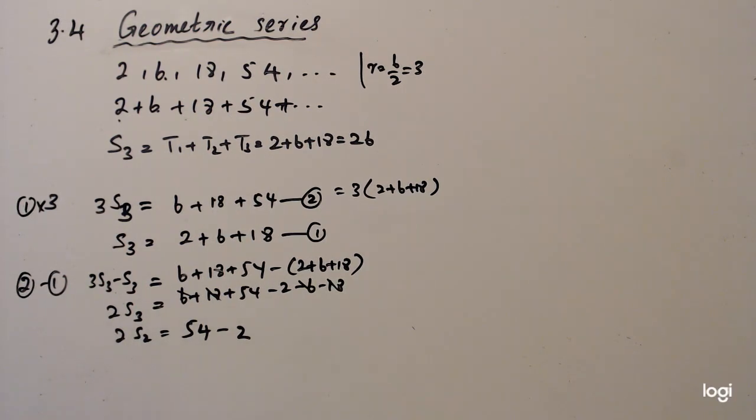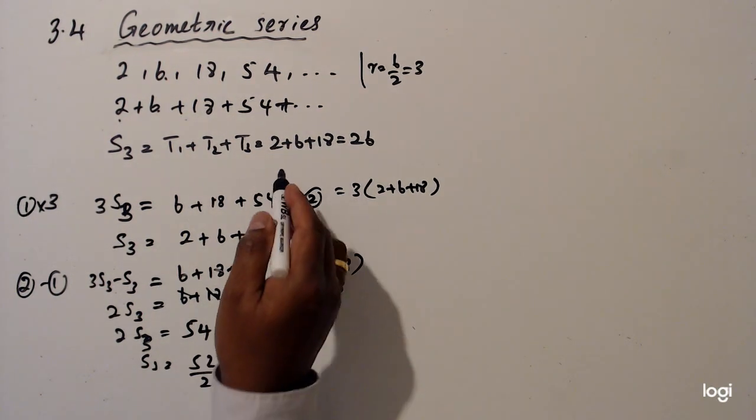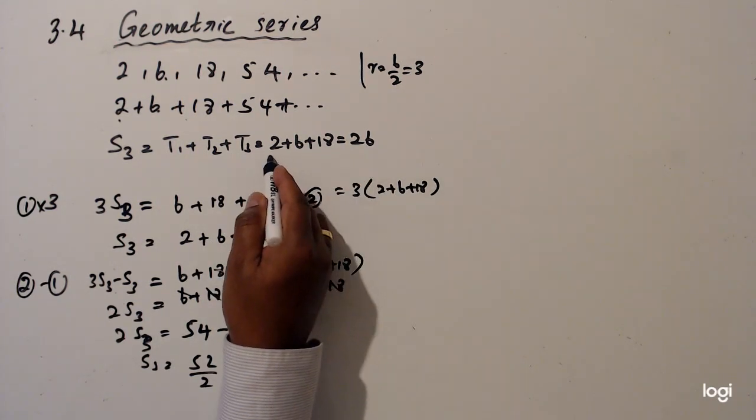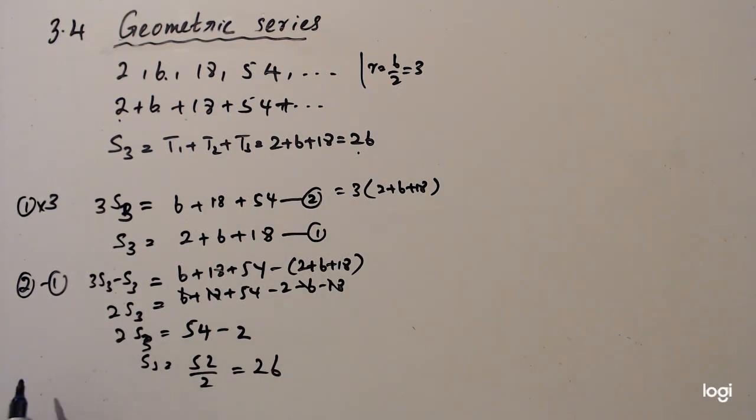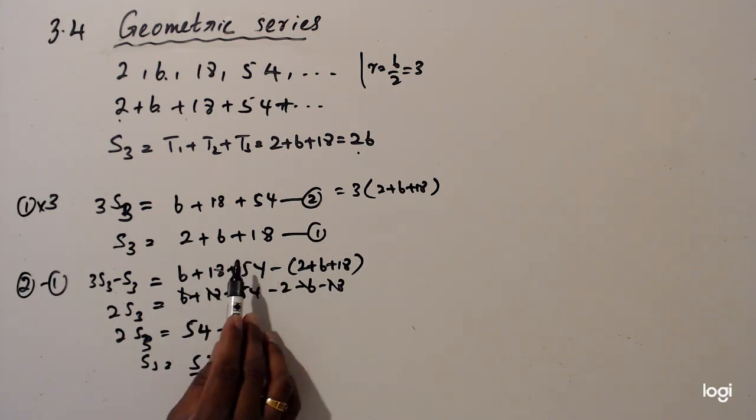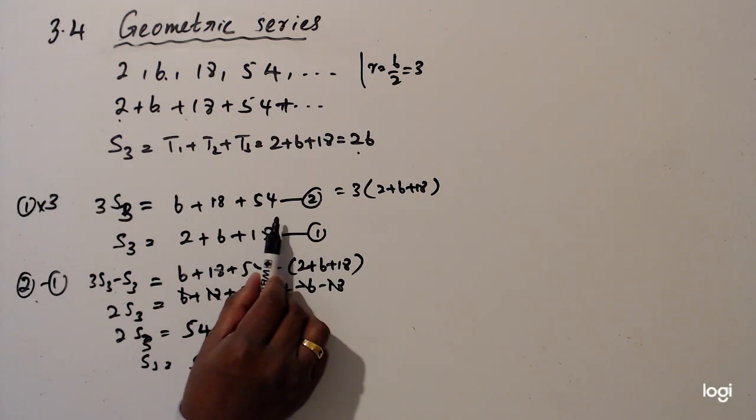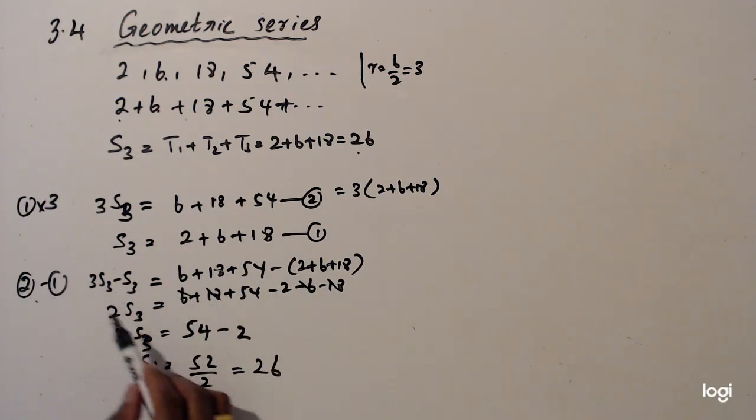So 2S3 is 52, and dividing by 2, S3 is 26. So we simply added these three terms and found 26. In the second method, instead of adding, we multiply by 3, the common ratio, then subtract those two equations, and we found S3 is 26.